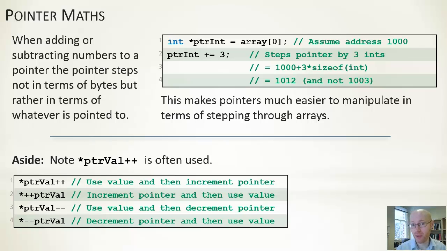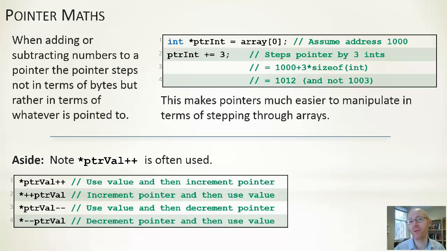Now, if you have a look at the illustration of code at the top, in line 1 we've got an array of ints, presumably, and we're creating an integer pointer, and we're setting that equal to the address of the start of that array, the first element in the array.